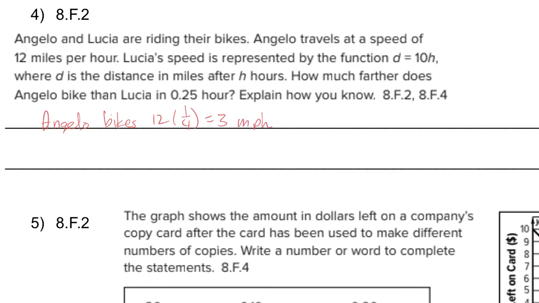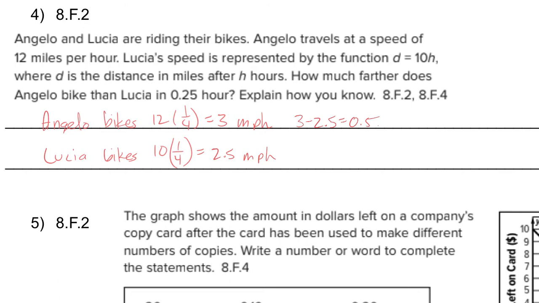And Lucia bikes 10 times 1/4, because that 10 is the rate right there. That would be 2.5 miles. And 3 minus 2.5 is 0.5.